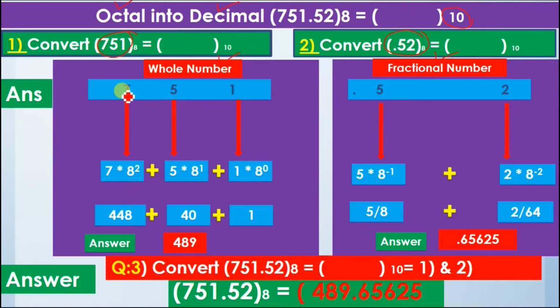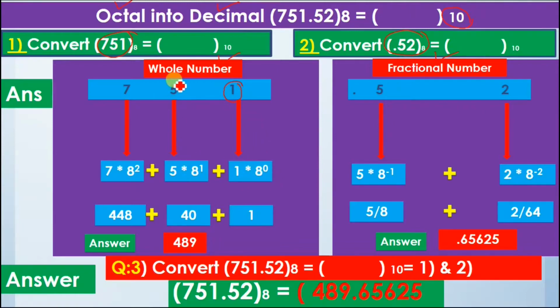So we have the number 751 here, and we will multiply each digit with powers of 8, starting while moving away from the decimal point. So first of all, we will multiply with 8 raised to power 0, then 8 raised to power 1 and 8 raised to power 2. The first digit is 1, so we multiply it with 8 raised to power 0.